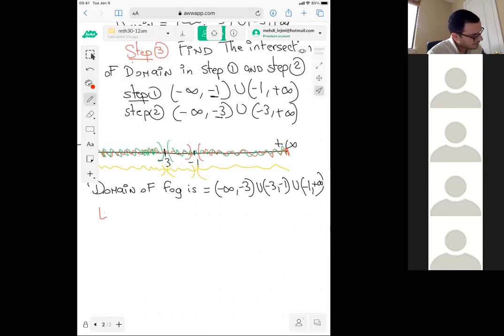Here's an exercise. Let's have square roots here.